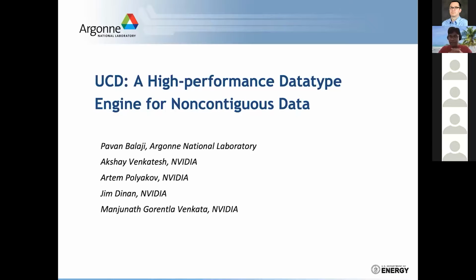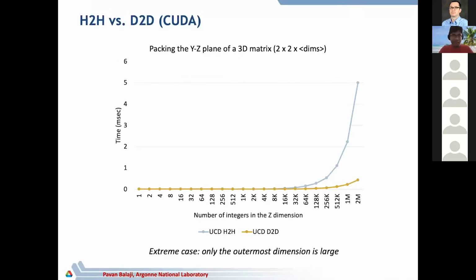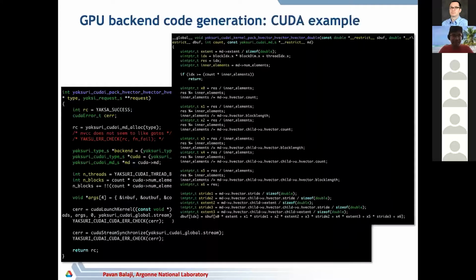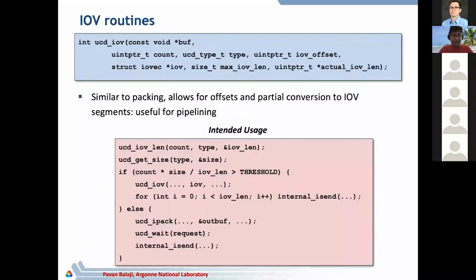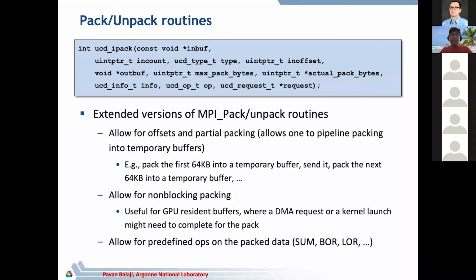Yeah, there is a way to do that. There's a hint mechanism. I can go back to that slide over here. There's a hint mechanism, the info parameter, where you can pass a bunch of hints. That includes the thresholds that I mentioned earlier, but also the buffer location, whether it's a GPU buffer, which device it sits on, what type of buffer it is, and so on.